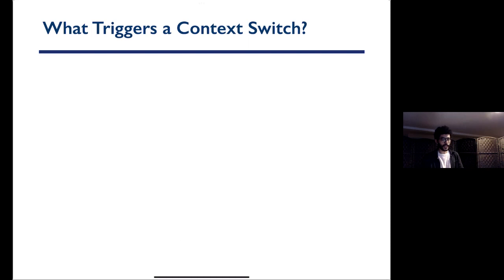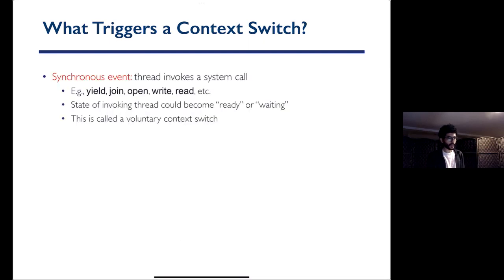Now, what triggers this context switch? Why would we go from one thread to another? There are two types of events that could trigger a context switch. The first one is a synchronous event, which means the current running thread called a system call. That system call could be yielding, joining, writing, or reading.